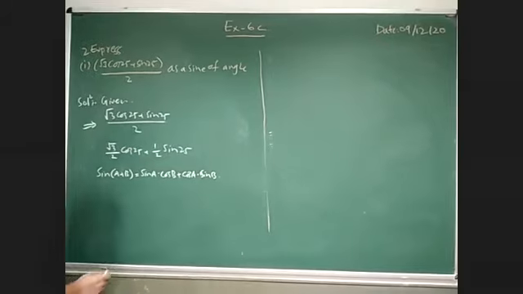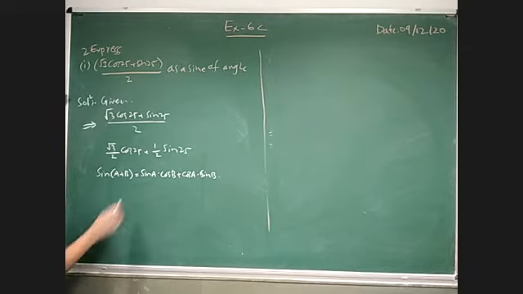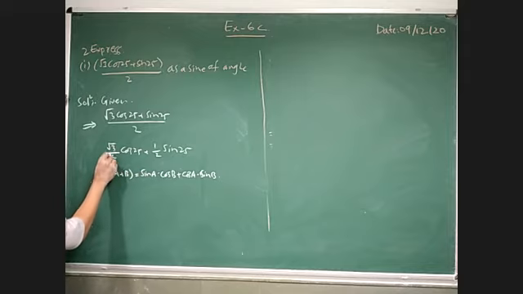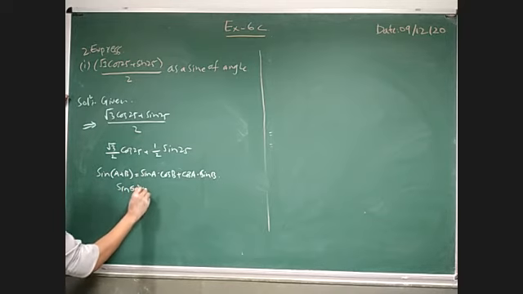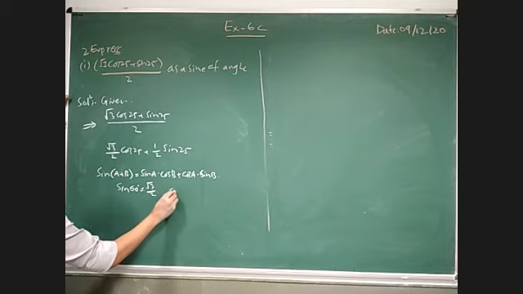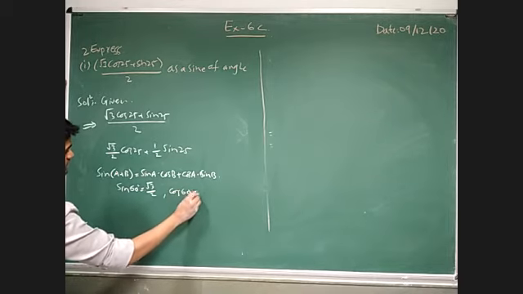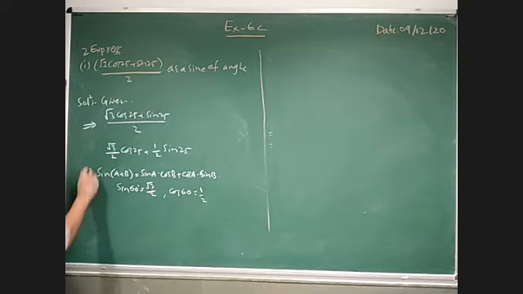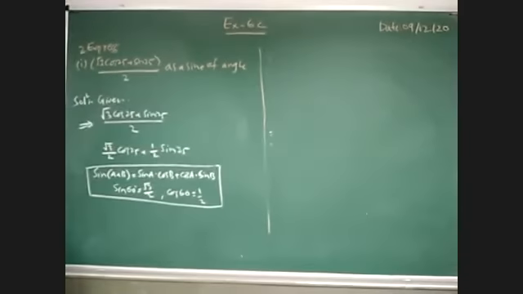And one thing we all know: sine 60 is nothing but root 3 by 2, and cos 60 is nothing but 1 by 2. So these all are the formulas.